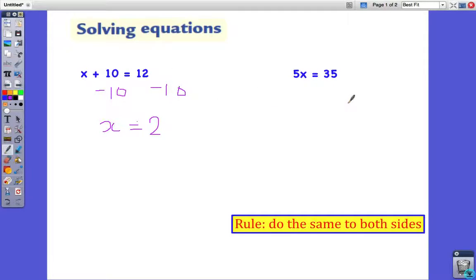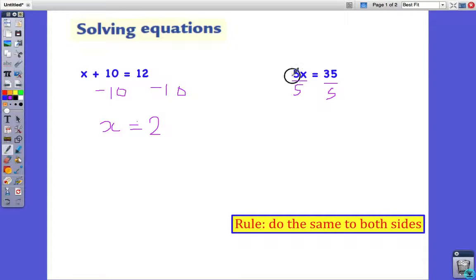Now let's check this one over here. Here we've got 5x equals 35. Now we want to have this x equals something. So what is opposite to multiply by 5? Divide by 5. So divide this side by 5. Whatever you do this side, we need to do the same to the other side.